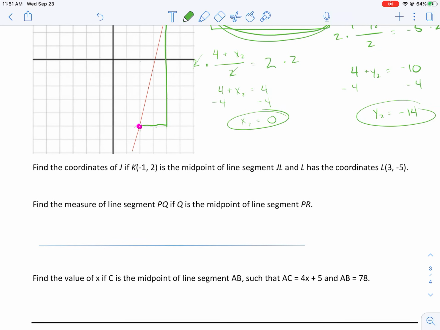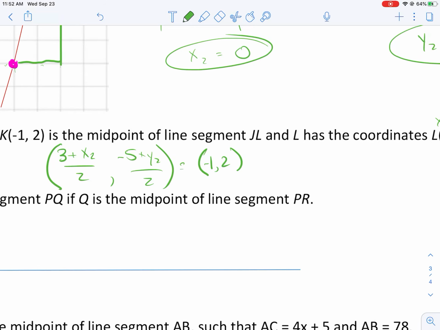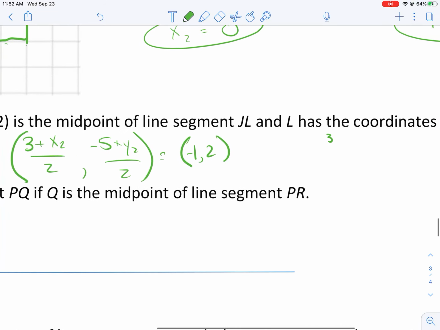K is our midpoint, so I'm going to put this over on the right, (-1, 2). All right, and I'm just going to call this one x1, y1, so I got (3 plus x2) divided by 2, and (-5 plus y2) divided by 2.